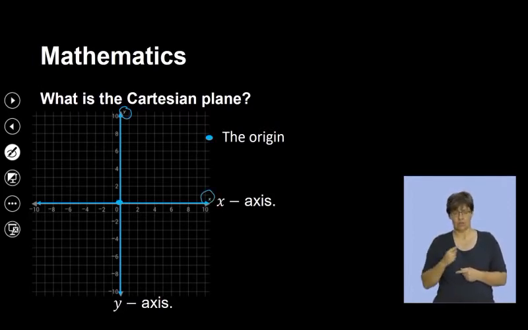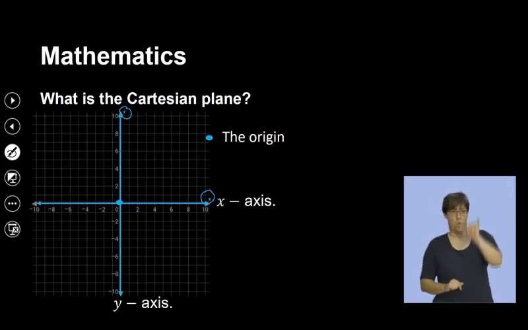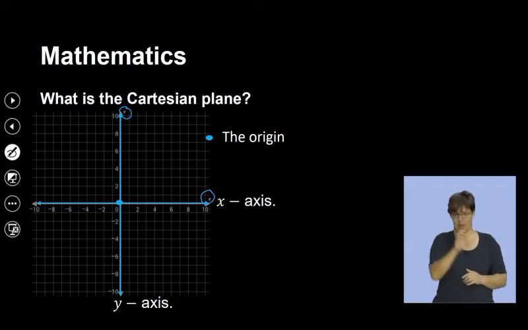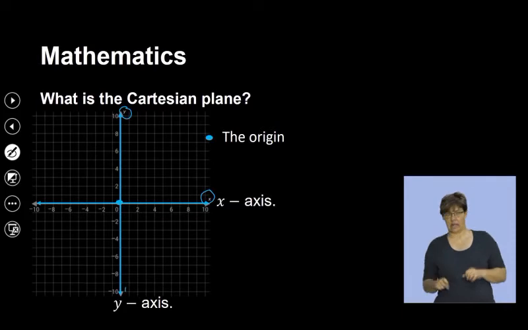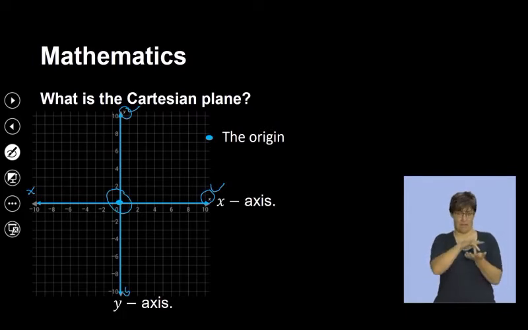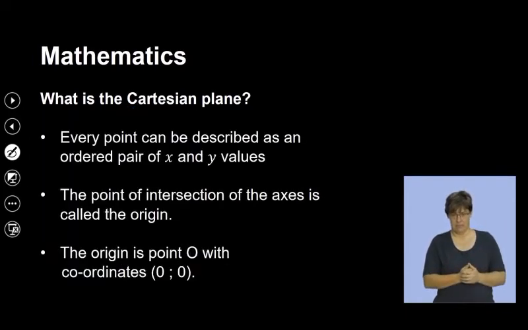That's to label the axes as x-axis and y-axis. But you don't necessarily need to have x, y everywhere. You don't need another y down there and another x on the left-hand side. No, just one label there and one label there does the trick. Remember also our origin is still there by the center.